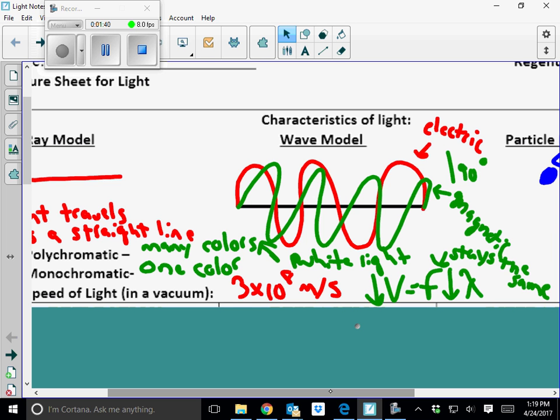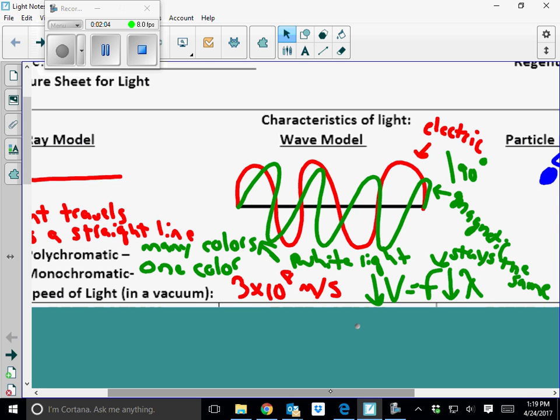It's electromagnetic because the green wave is magnetic and it travels 90 degrees at the exact same time to the electric wave, which is the red wave that I drew on here. I tried to draw them at 90 degrees, but it's kind of hard to draw something 3D on a two-dimensional board, relative to each other.